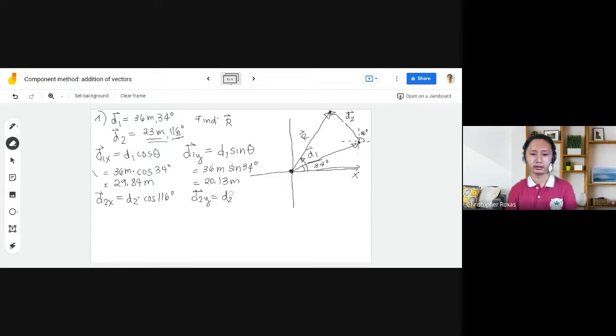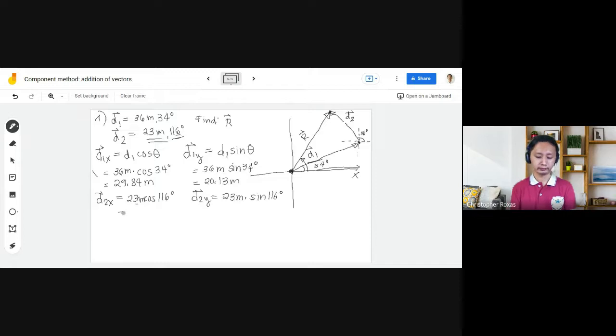Let's write the value already. So D2 is 23 meter. So 23 meter times cosine 116 for x, and 23 meter times sine 116 degree for y.